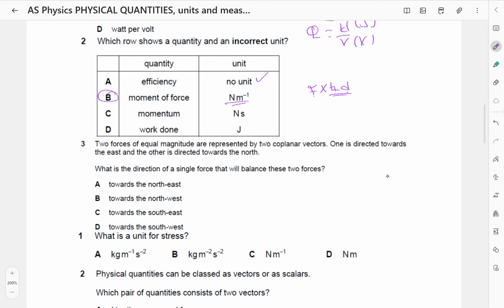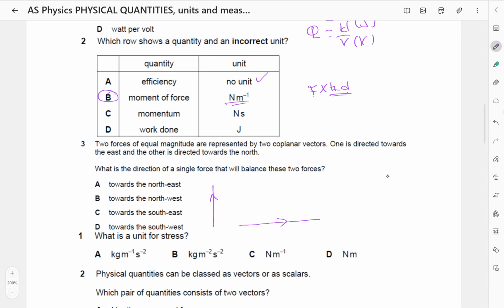Two forces of equal magnitude are represented by two coplanar vectors. One is directed towards the east, and the other is directed towards the north. What is the direction of a single force that will balance these two forces?